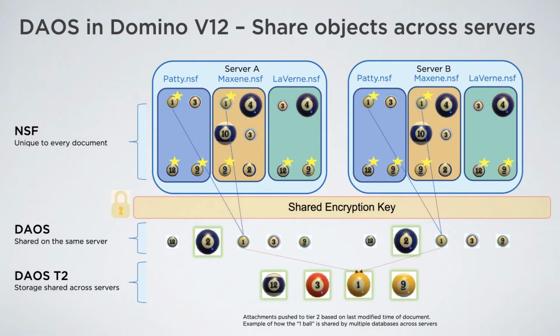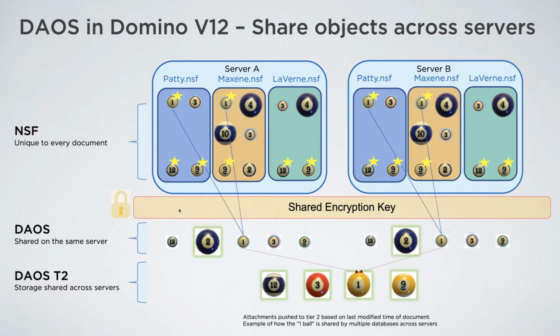If Martin, our Domino admin, used DAOS in a previous version, he probably did. So in version 8, 9, or 10, he was able to use DAOS on one server in one layer, where an attachment that is bigger than some threshold is moved to some DAOS or some other external storage.